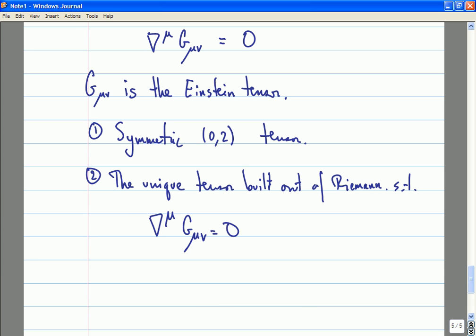Although I haven't told you this yet, this second property, which is sometimes known as the conservation of the Einstein tensor, is for reasons that will become clear in the not distant future a very important property. As you might guess, it's the property which ensures that the Einstein tensor is the proper quantity to use in order to build the equations of motion of general relativity.